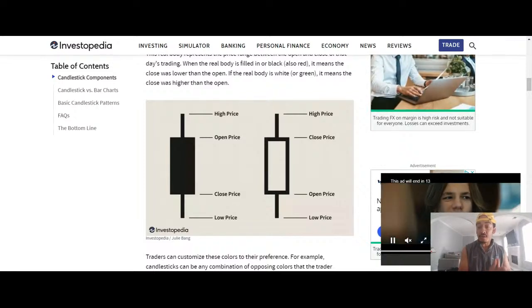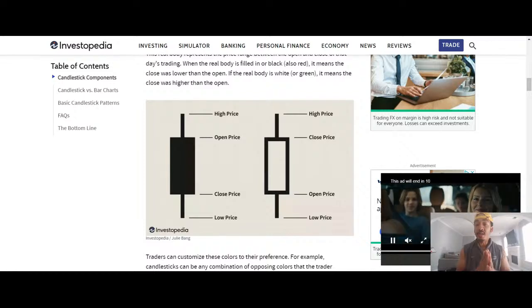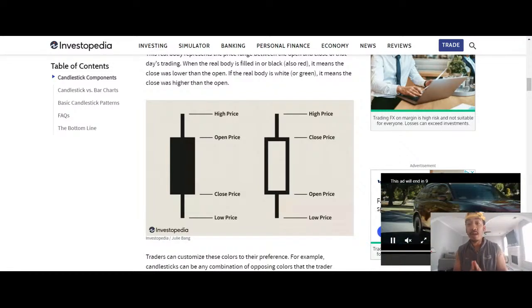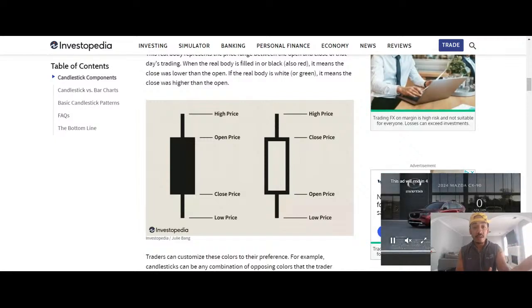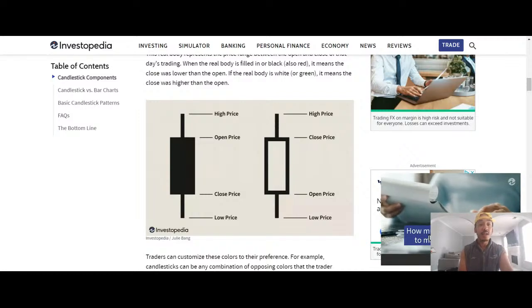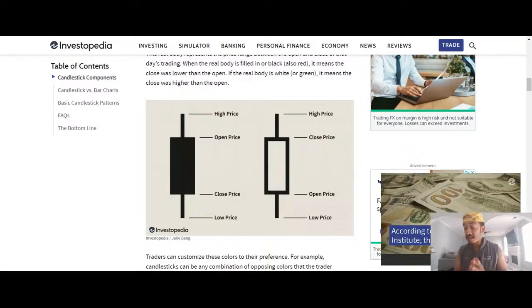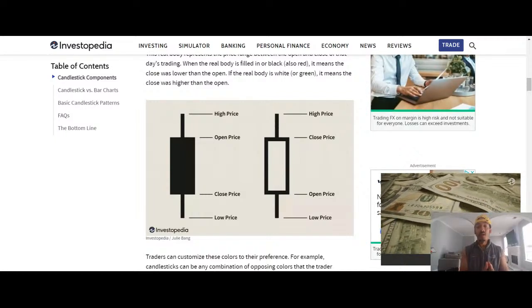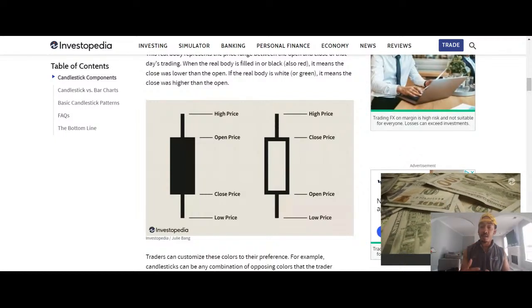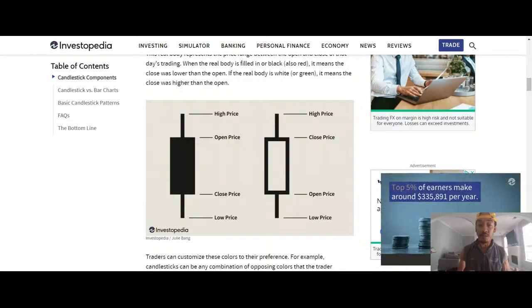A red candle means that during that time frame, the stock price went down. This is how you determine the red candle: where it says open price, that is where the stock price opened during that time frame. You have four components of each candle: the open price, the close price, the high, and the low.